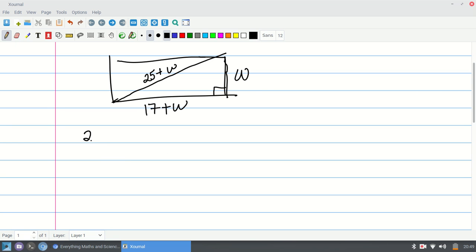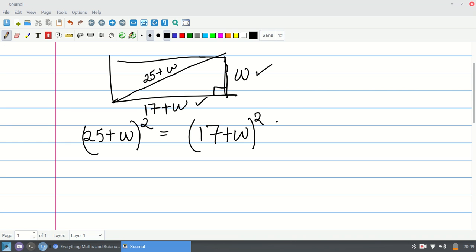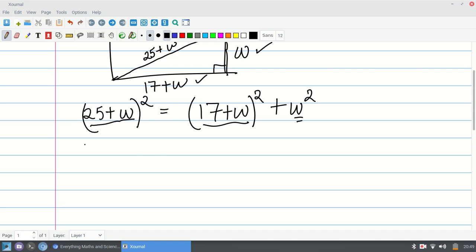So the hypotenuse squared equals the sum of each of these legs squared. Okay, this is c squared equals a squared plus b squared. That's it. So all I have to do is expand now and solve my equation.